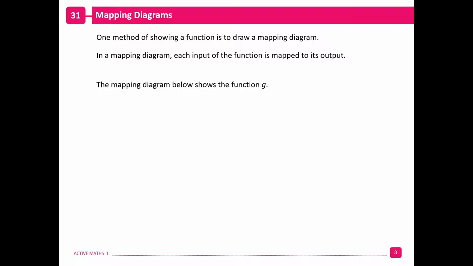Now we have looked at representing maths for lots of topics. When we learnt about sets, we learnt about something called a Venn diagram, where we used a circle, and inside the circle we represented any elements of that set. And a set is a group of objects that all have something in common.